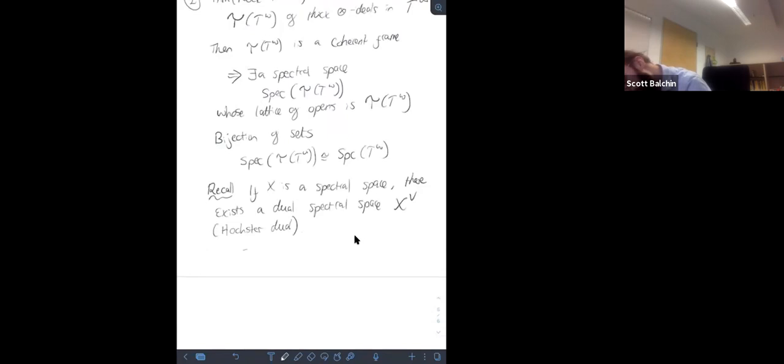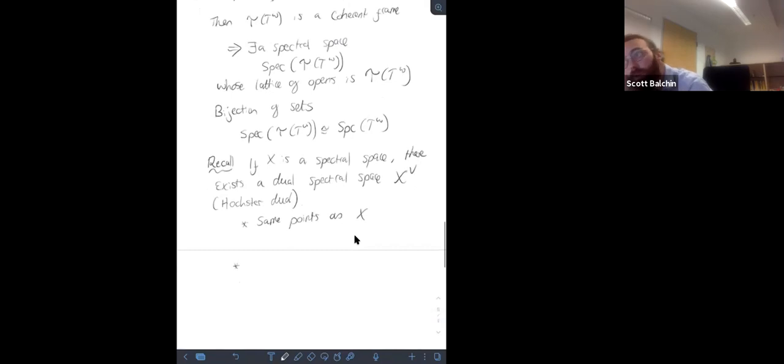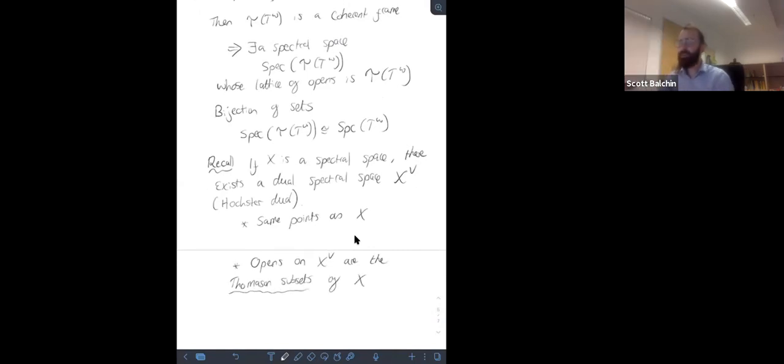How is this defined? Well, it has the same points as X, so that doesn't change. And what's the topology? The opens of X check are the so-called Thomason subsets of X. And what are these?